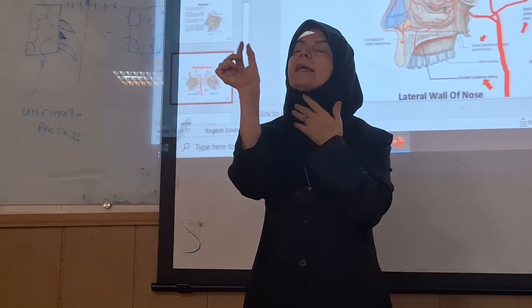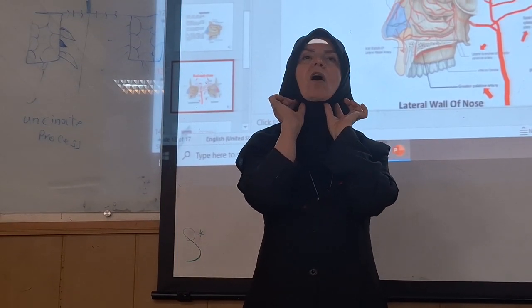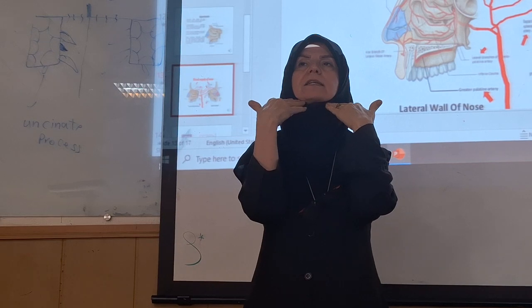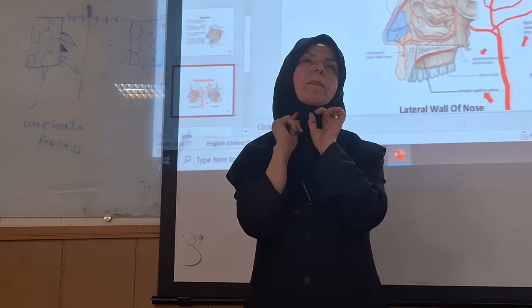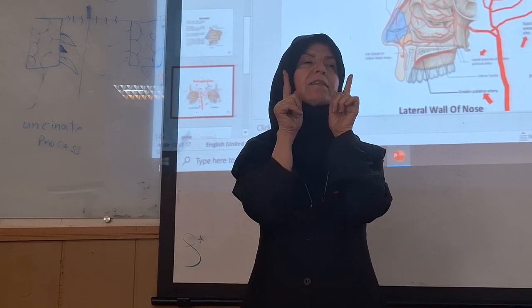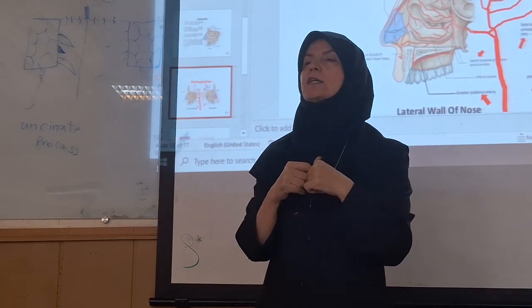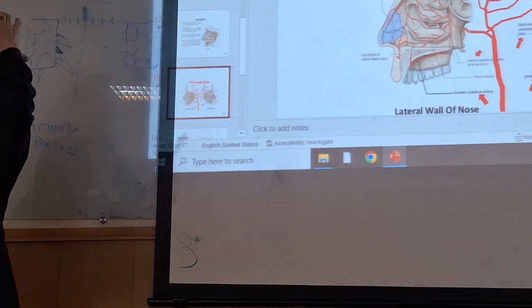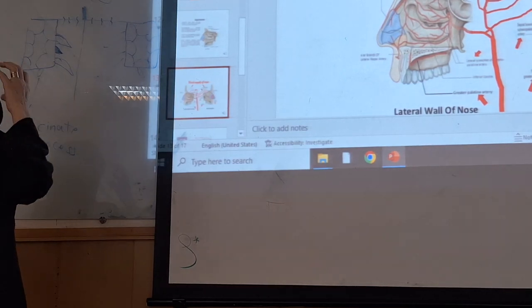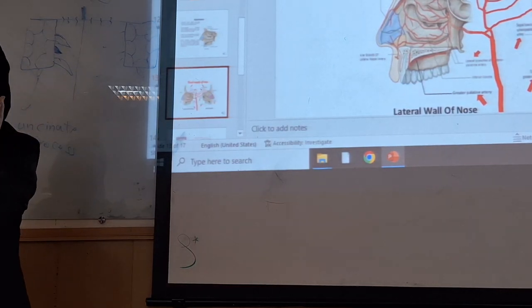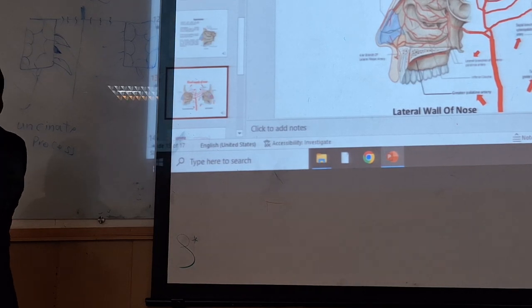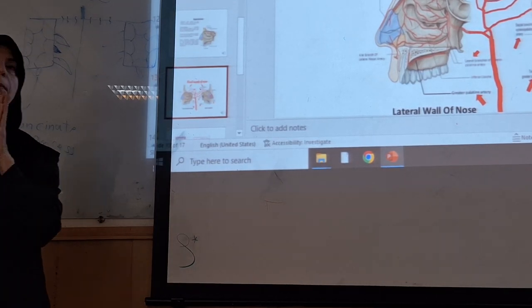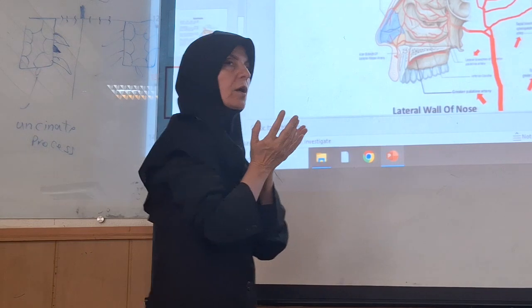There is a foramen on each side of the skull, on the inferior surface, and the internal carotid passes through this foramen and enters the cranial cavity. So the internal carotid is responsible for supplying the brain and other organs. The internal carotid is one of the terminal branches of the common carotid.